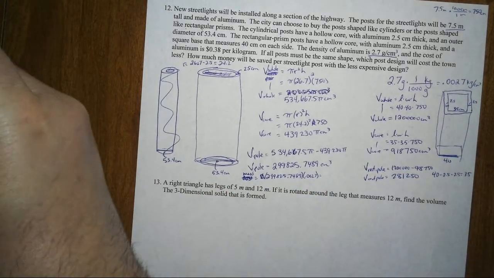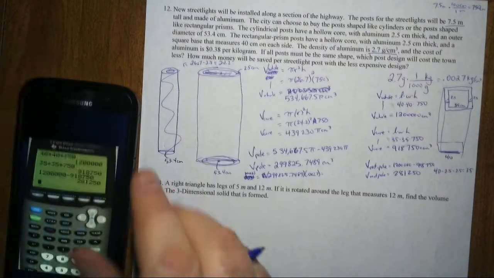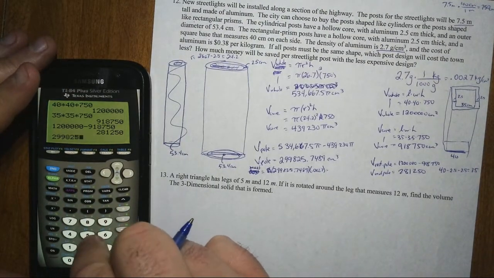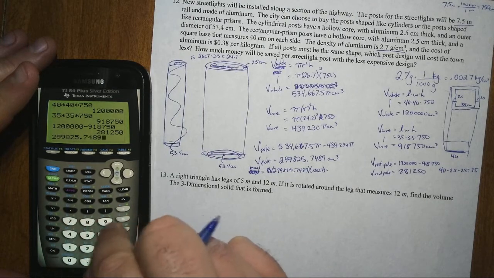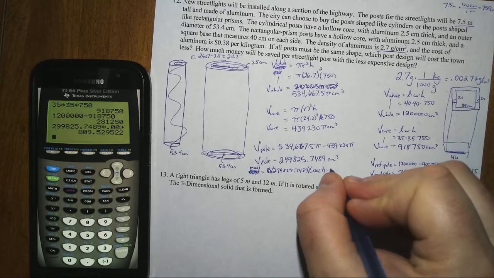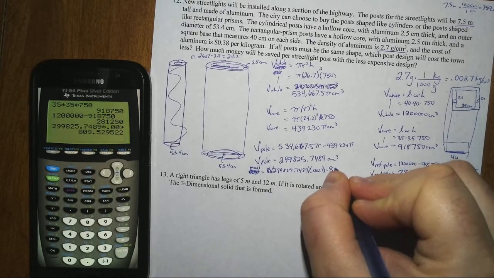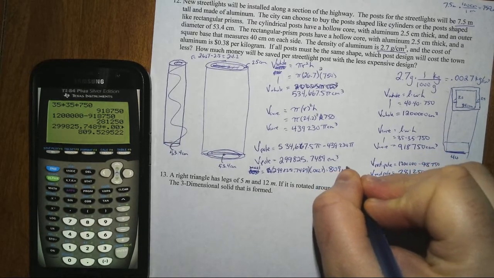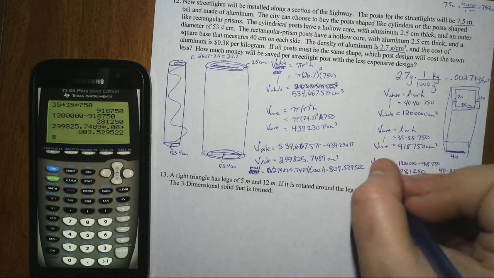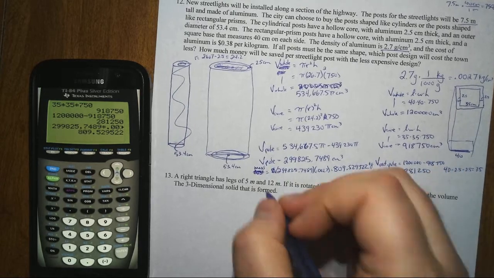Is going to give us our weight. All right, let's go get that guy. 299,825.7489 times 0.0027. Boom. We get 809.52952 kilograms. All right.